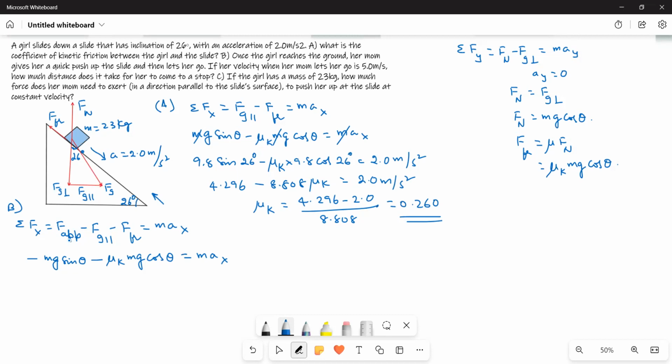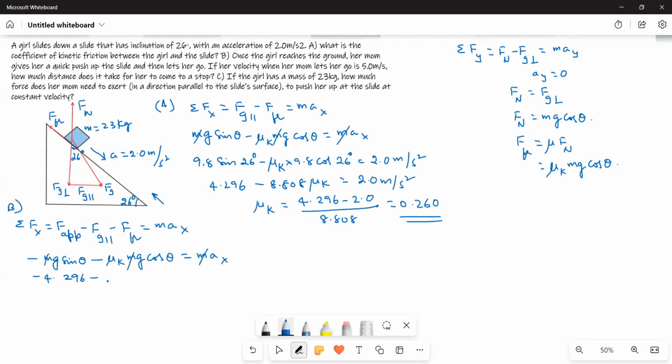You may be wondering what happened to the F applied, because she just gives the push and then leaves. So these two are the forces responsible for the acceleration. Now mass goes off, and then the rest of the things are here. So this is negative 4.296, and then this is negative friction.